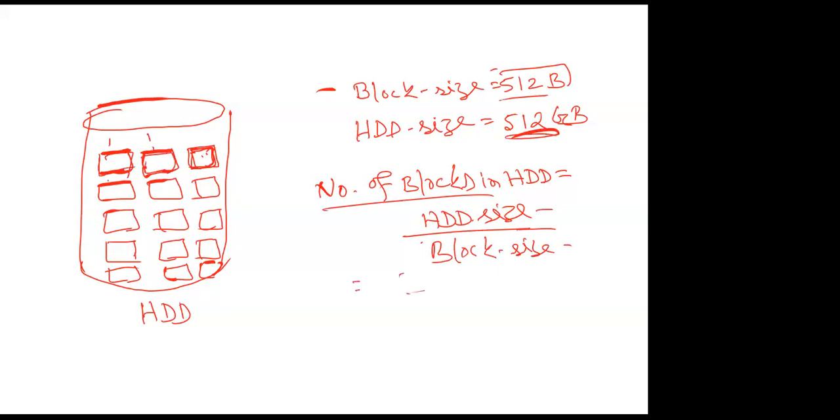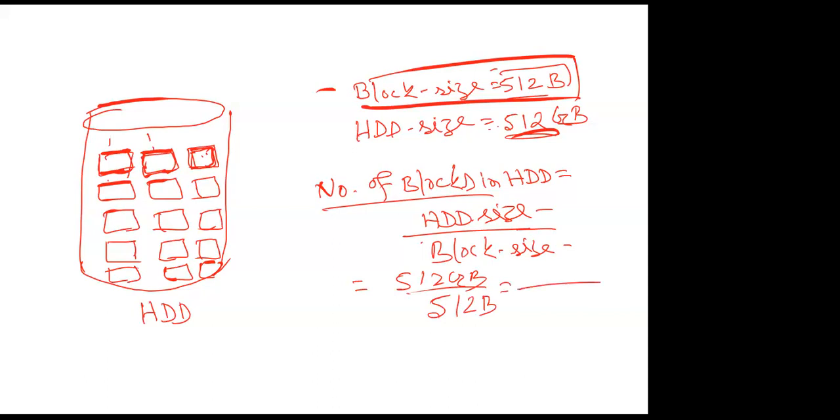So here is 512 GB, and each block size is 512 byte. Okay, 512 byte.